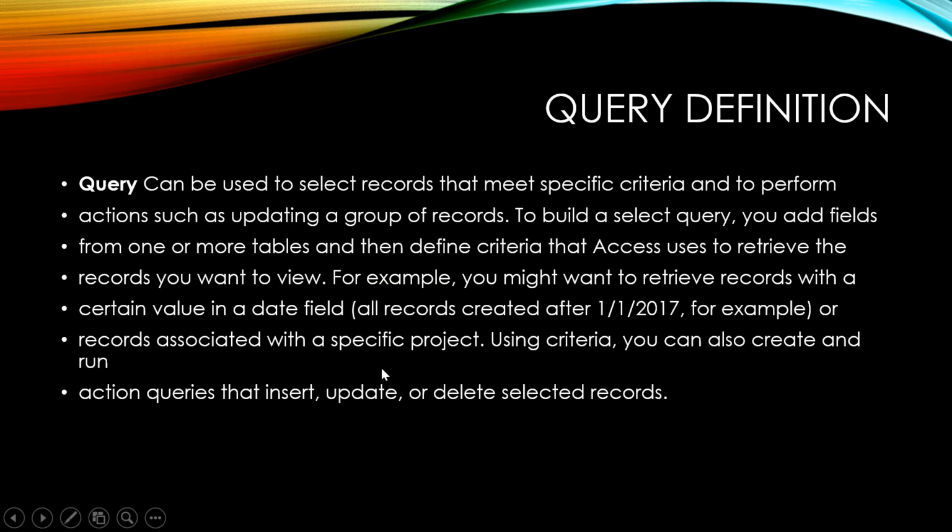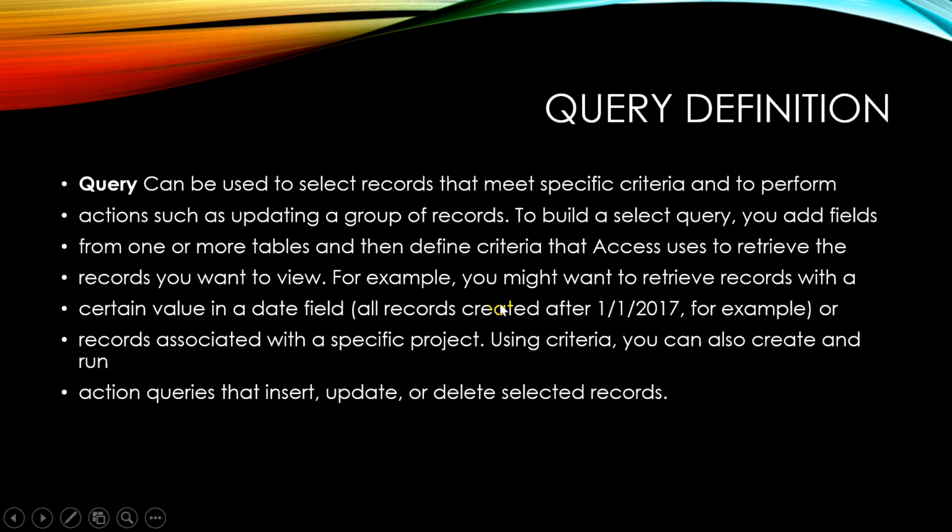Another thing that we have is the query, meaning its definition. A query can be used to select records that meet specified criteria, to perform actions such as updating a group of records. To build a select query, you add fields from one or more tables and then define criteria that Access uses to retrieve the records you want to view.